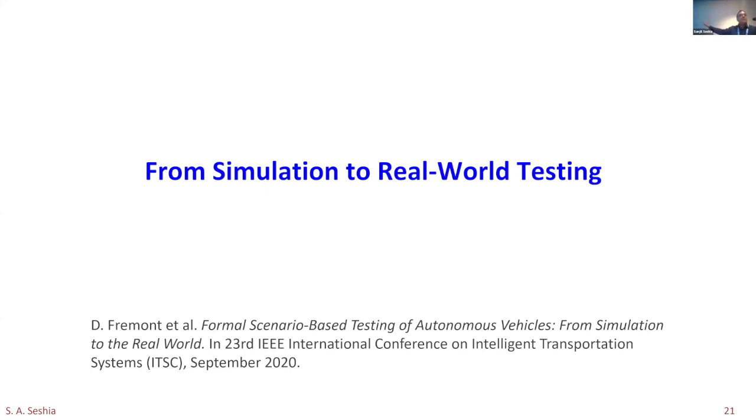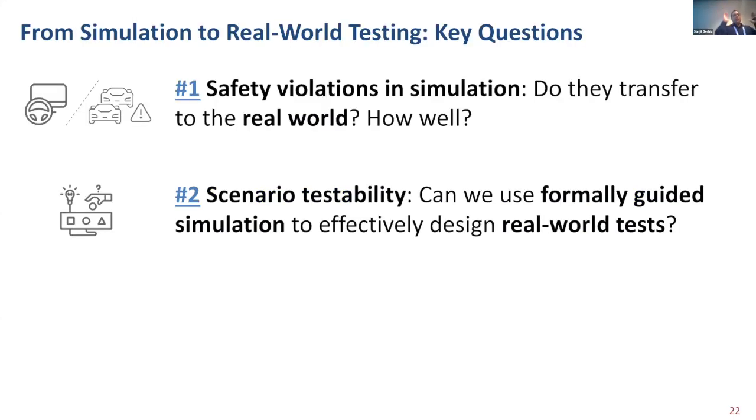Okay, so we saw an example of a case study of using SCENIC with a simulator for that avionics application. Another industrial case study we did in the context of autonomous driving was to see if we can go from simulation to real-world testing. That is, answer two questions.